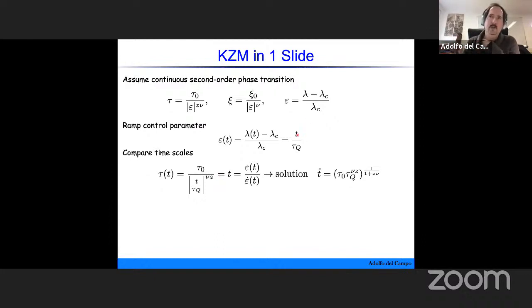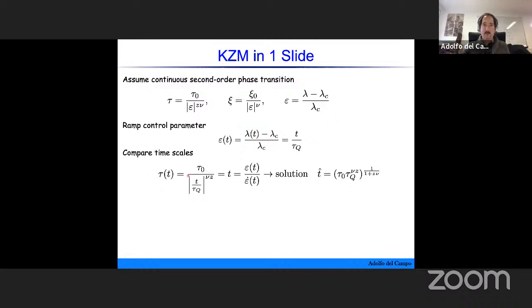According to this quench, the critical point is reached at time equals 0. So you start at some negative time, and you wonder when the relaxation time is larger than the time left until you reach the critical point when you are driving the control parameter in this fashion.